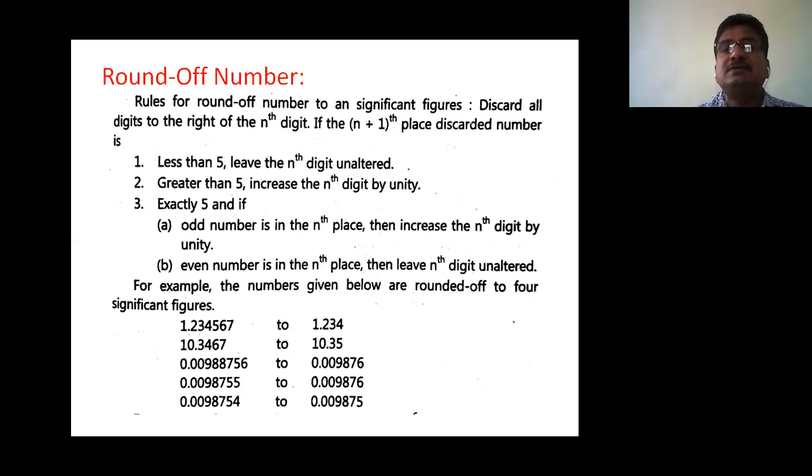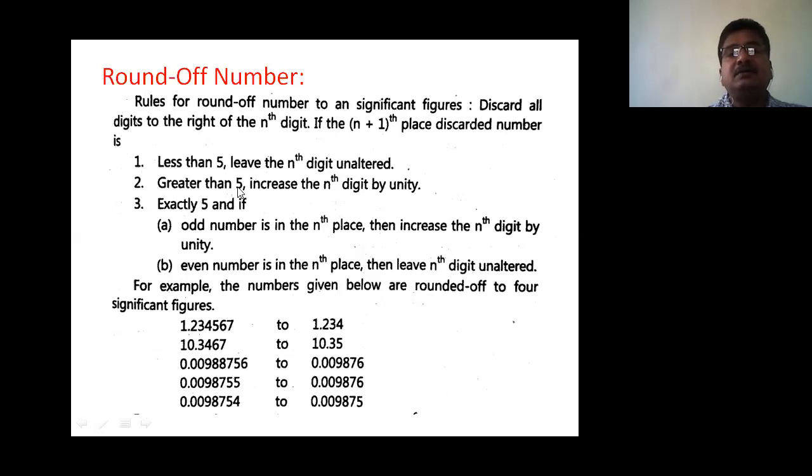Then what is the procedure of rounding up the number? We observe the n plus 1 place discarded number. If it is less than 5, then leave the nth digit unaltered. That is, leave the nth digit as it is. That is, if the n plus 1th digit is less than 5, then the nth digit remains as it is.